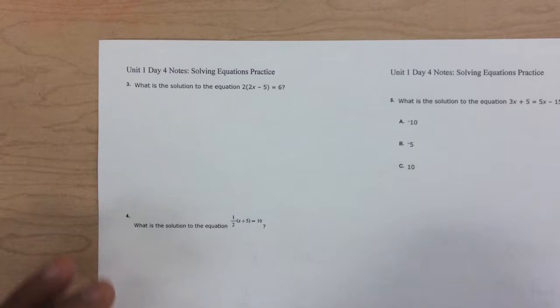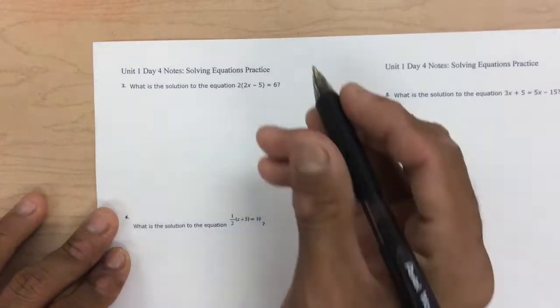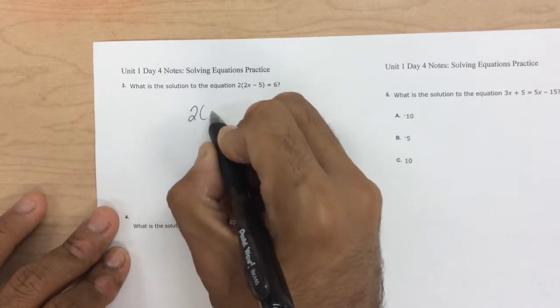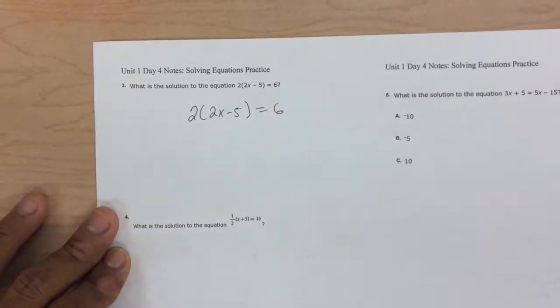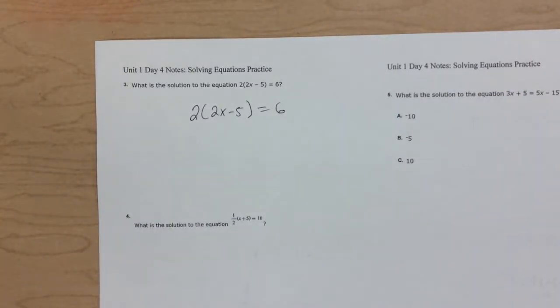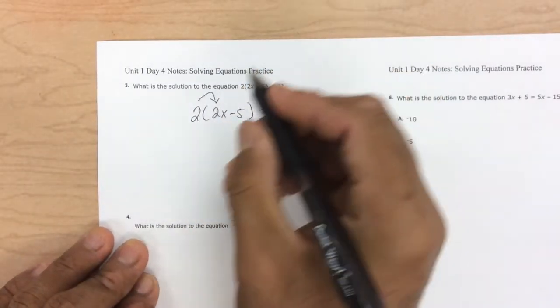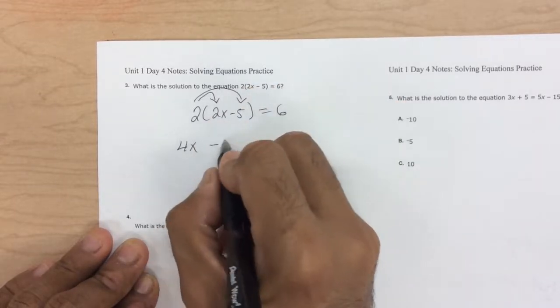Number 3. What is the solution to the equation 2 times 2x minus 5 equals 6? So I'm going to go ahead and rewrite this problem out here so I can have some space to work it out. First thing I want to do is get rid of those parentheses, so I'm going to distribute the 2. So I'm going to do 2 times 2x is 4x. 2 times negative 5 is negative 10.